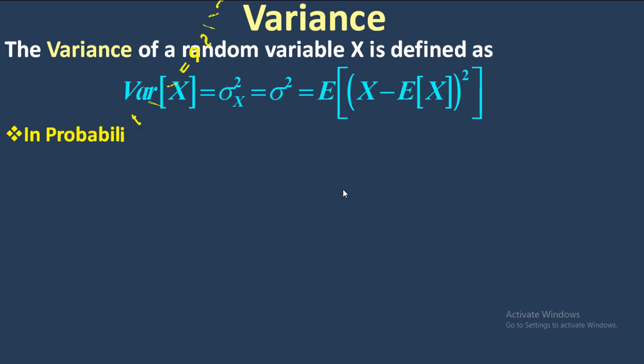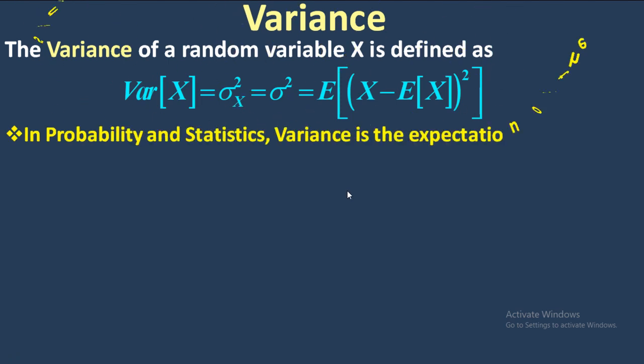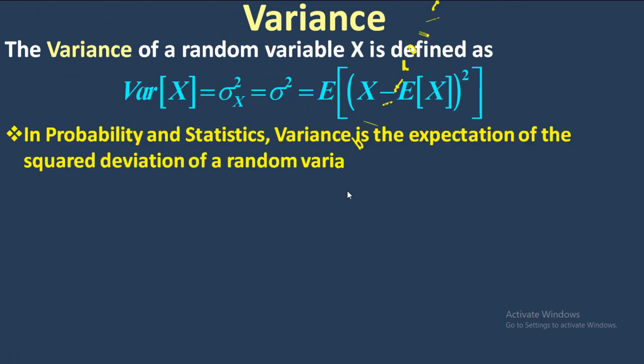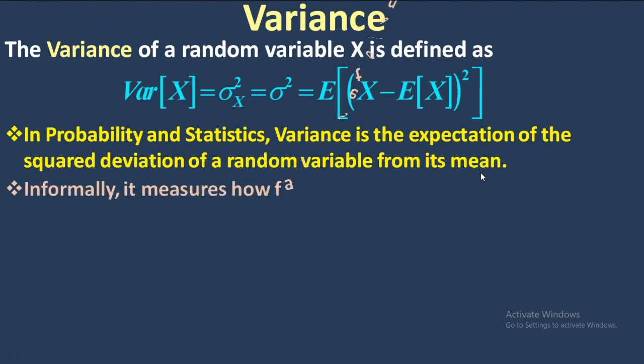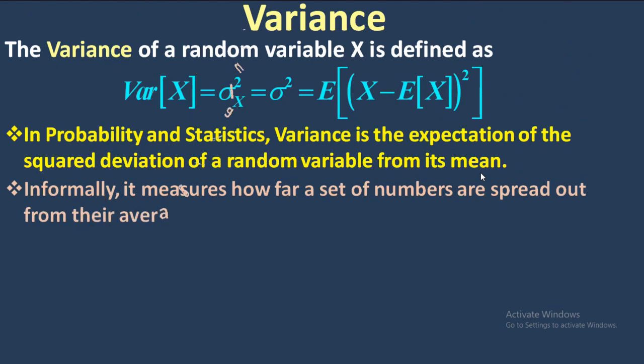In probability and statistics, variance is the expectation of the squared deviation of a random variable from its mean. Informally, it measures how far a set of numbers are spread out from their average value.